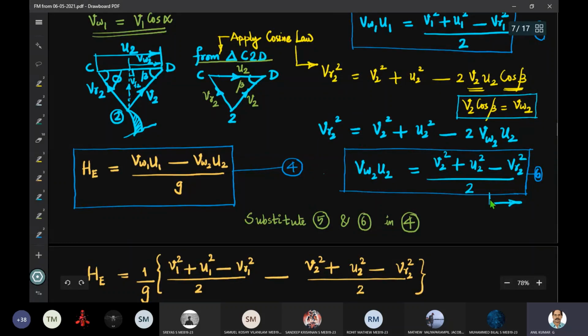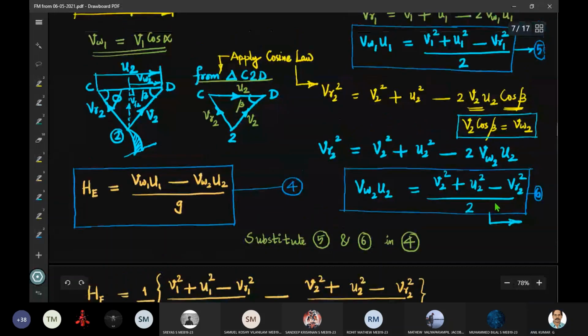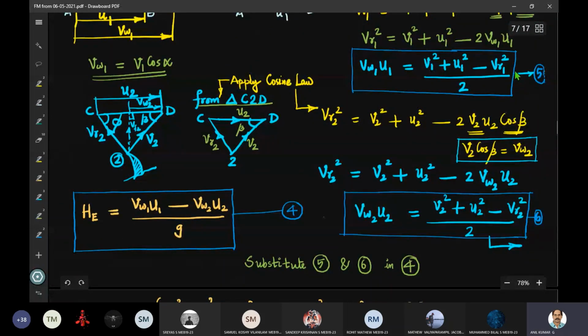And what is our objective? We want an expression for VW2 U2, the product of VW2 and U2. Taking that to the left hand side and bringing the other terms to the right, VW2 U2 is equal to V2 square plus U2 square minus VR2 square, whole divided by 2. See the expressions 5 and 6, VW1 U1 and VW2 U2.